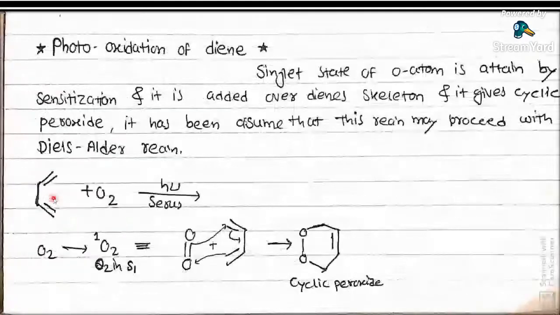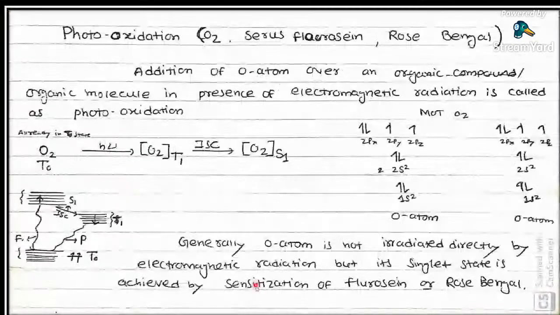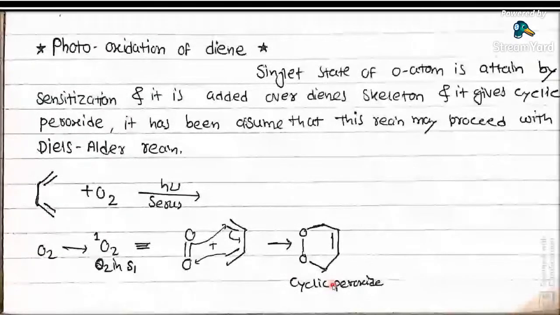Now, photooxidation of diene. So we have seen oxygen is not directly undergoing the S1 state. So for that, it is undergoing the sensitization with fluorescein or rose bengal.